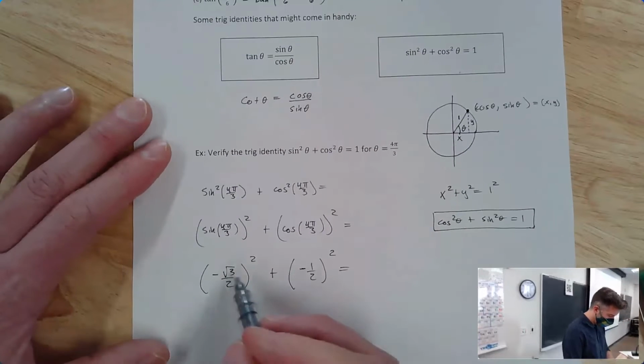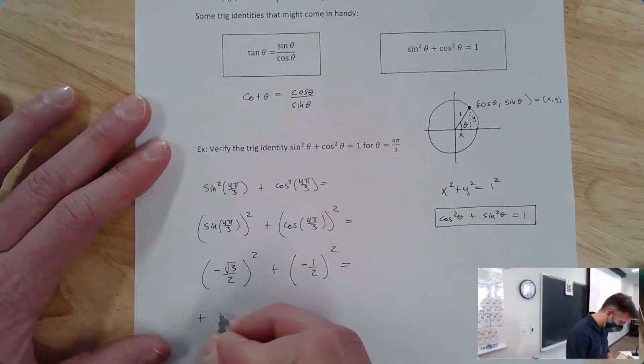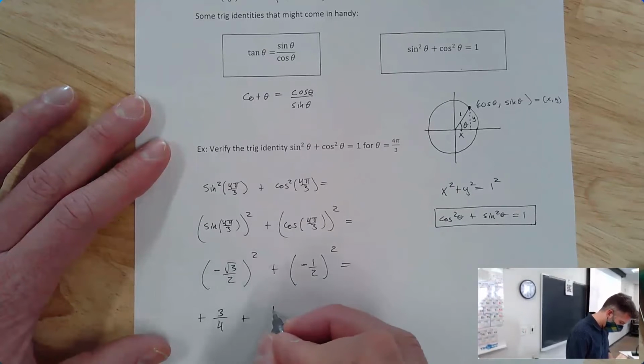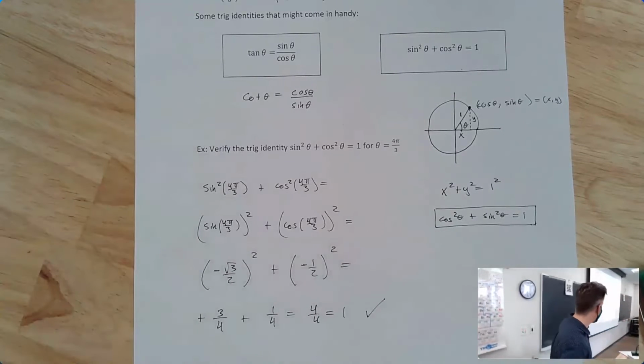And a negative thing squared ends up being positive. So we're going to get positive 3 over 4 plus positive 1 over 4, which is 4 over 4, which is 1. Works out. And that should be true for any angle you put in there.